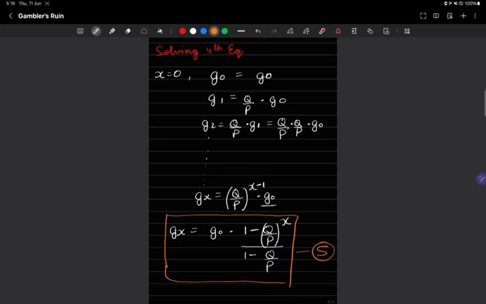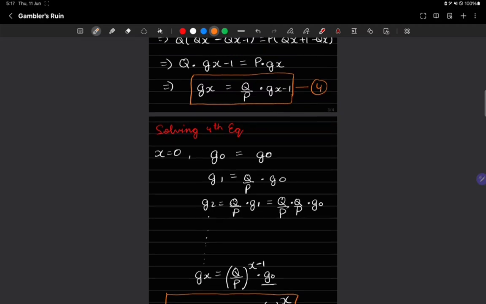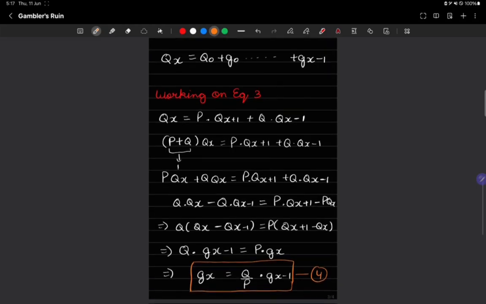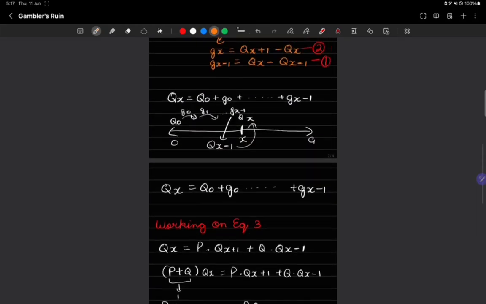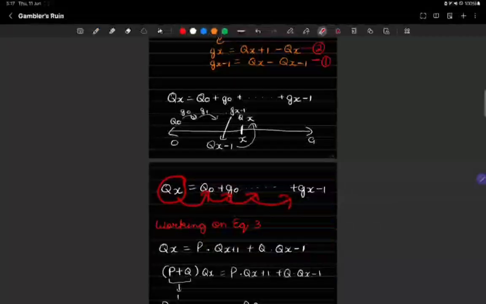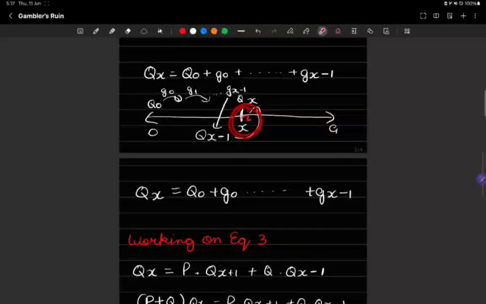Now we can use g(x) to put it in the q(x) equation that we saw here, because q(x) comprises of q0 and the gaps that happened at the x position.